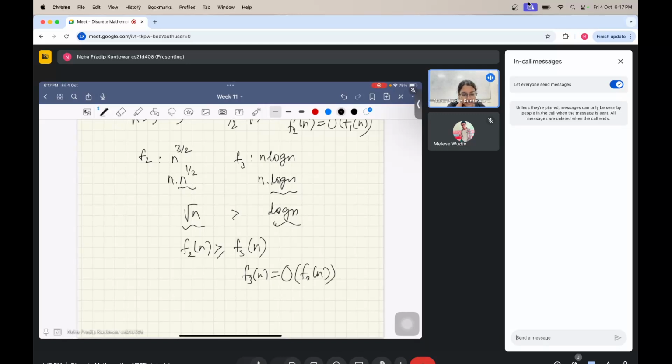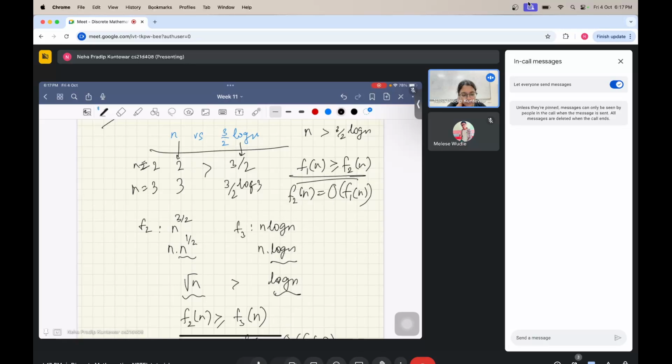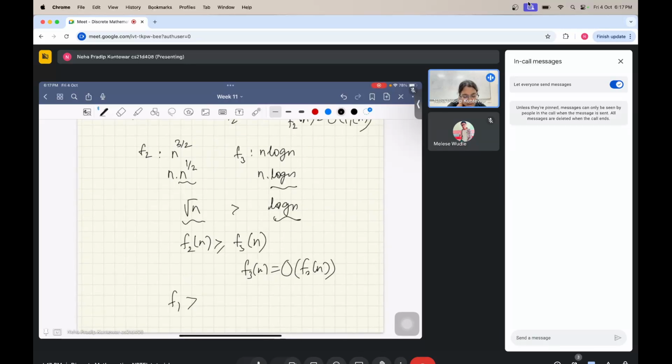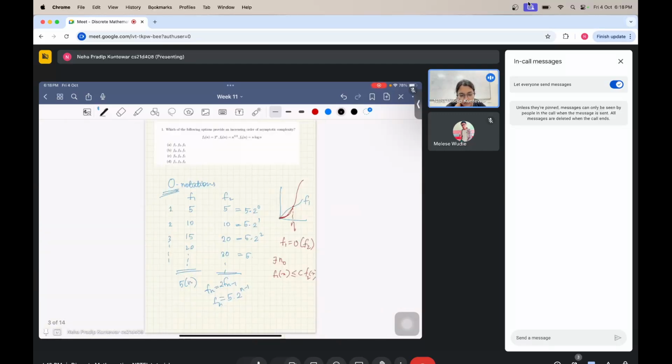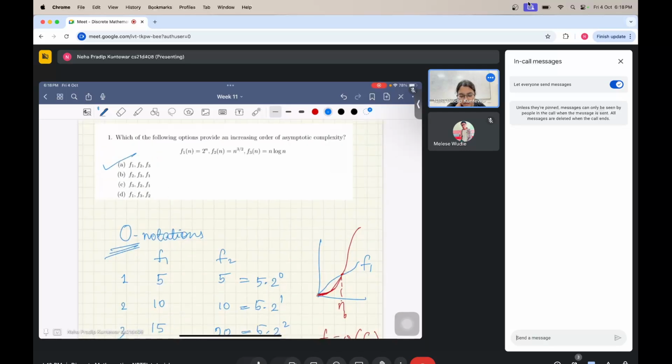So by combining this, from here you know that f1 is larger than f2, and from here you know that f2 is larger than f3. So the answer to this question would be A. Okay, maybe this is not the increasing order, this is the decreasing order. So the increasing order would be f3, f2, f1, because f2 is larger than f3 and f1 is larger than f2.